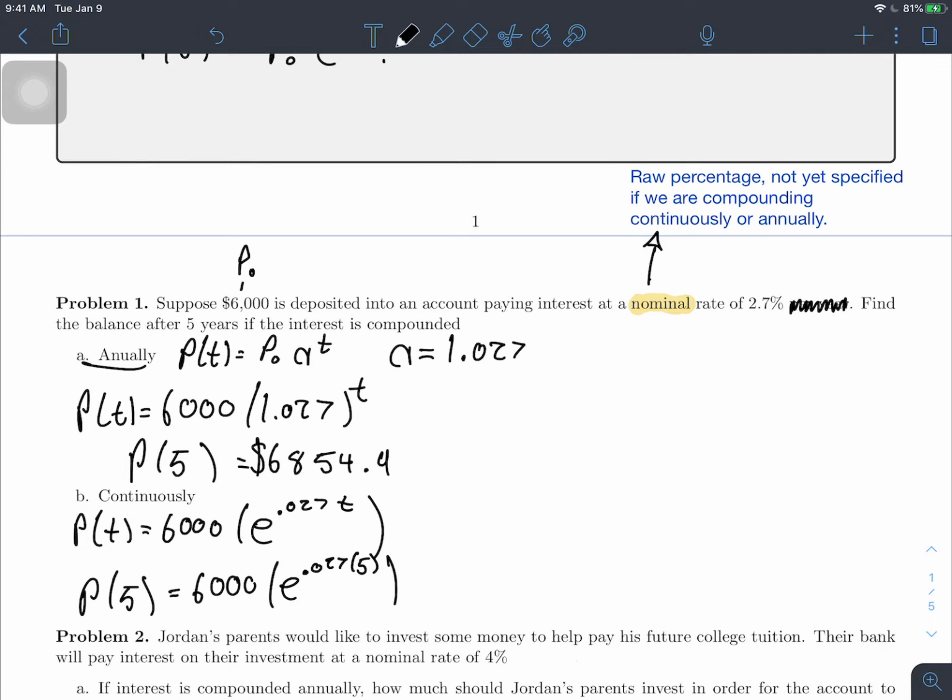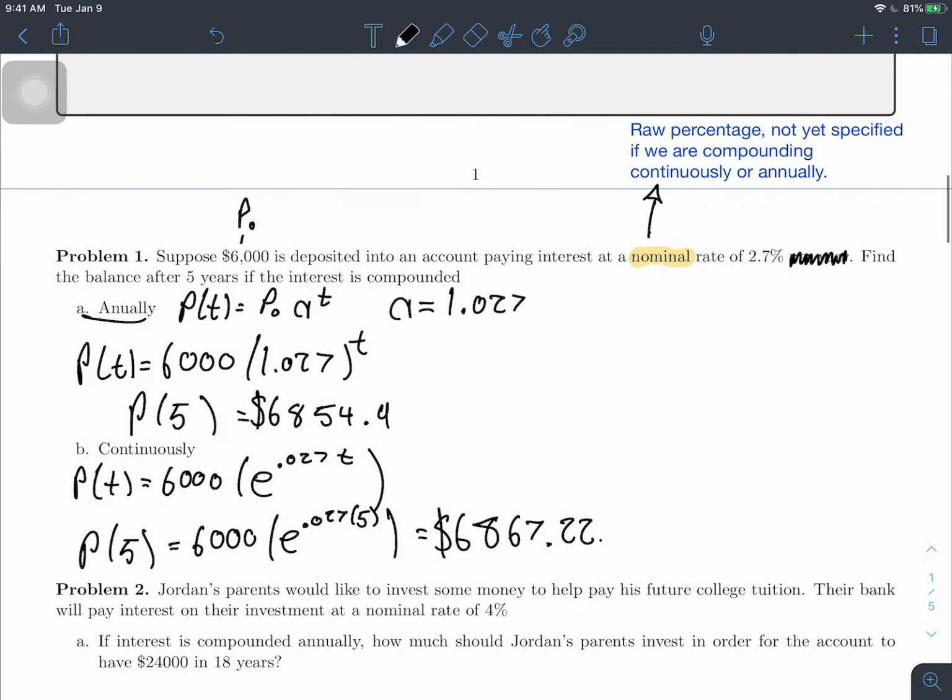And we would just multiply that out in the exponent, and then we'd do e to that power, multiply by 6,000, and we'd get 6,867.22. So we did a little bit better using continuous interest than we did with annual interest. Okay.